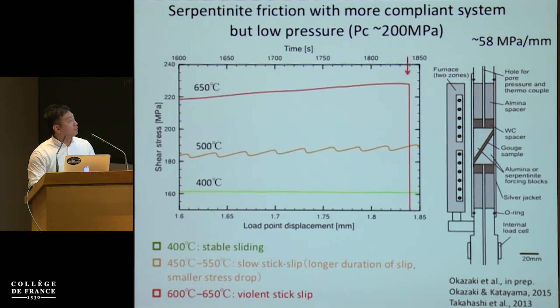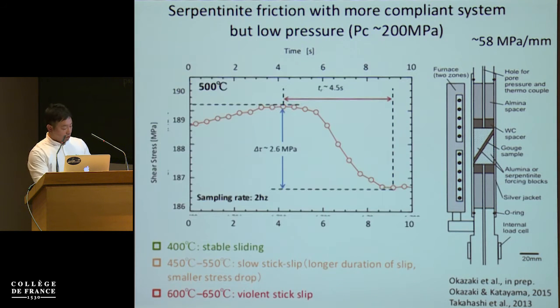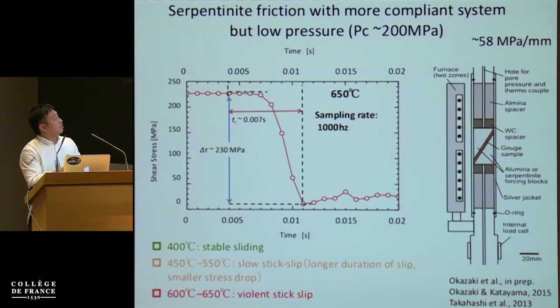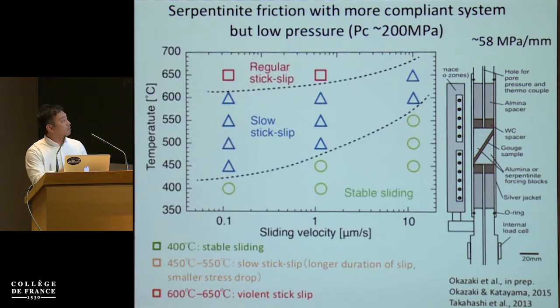If we take a look in detail, at intermediate temperature we have slow stick slip, where the stress drop is pretty small and the duration is kind of long. If you increase the temperature, we have a giant one. Its shape looks similar, but the time is just 7 milliseconds. This behavior depends not only on temperature, but also on the background sliding velocity.